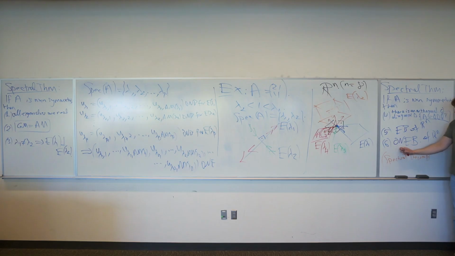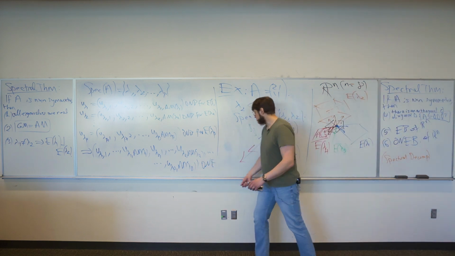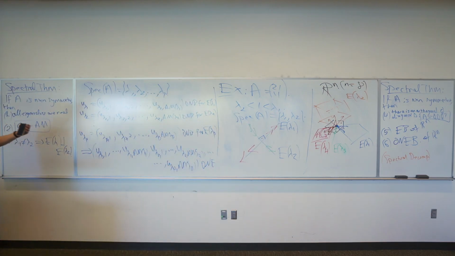In fact, this fact that you have an orthonormal eigenbasis is pretty much the same thing as 4. What you do is, you take this ONEB, I erased the B, put that in a matrix, and that's going to be your Q. Okay?